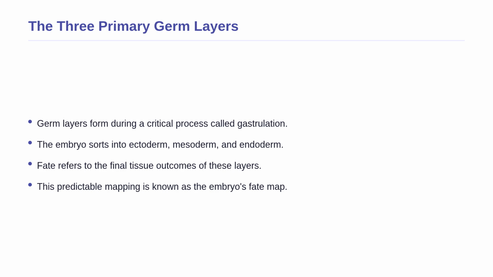These 3 primary layers are the ectoderm, the mesoderm, and the endoderm. Every single organ and tissue in your body originates from one of these 3 layers. Together, the predictable, hardwired mapping of these 3 layers to their final adult structures is known as the fate map of the embryo.